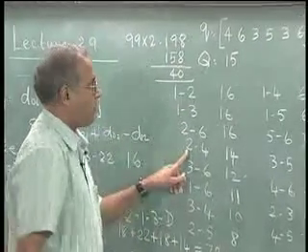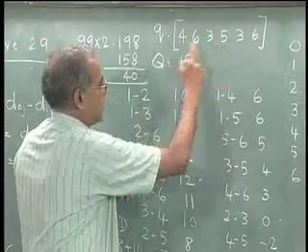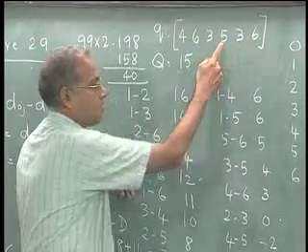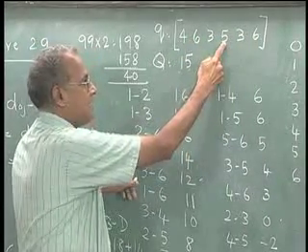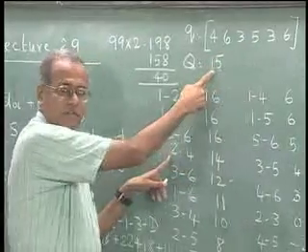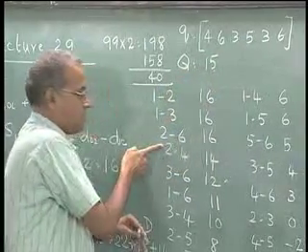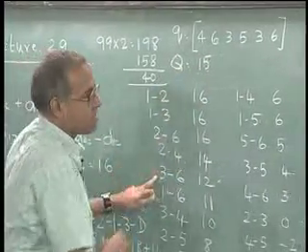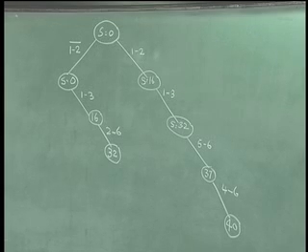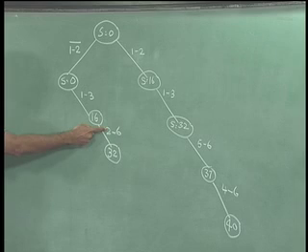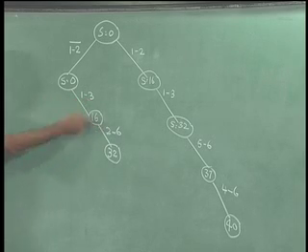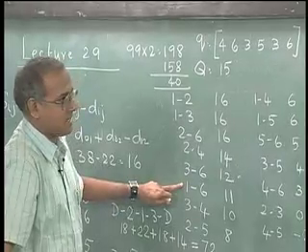Then we go to 4. 4 is here, 6 plus 6, 12 plus 5, 17, it exceeds the upper limit of 15. So we do not include this. Then we go to 3 6. Now we have already put 1 3 in one vehicle and 2 6 in another vehicle. So 3 6 cannot go together. Then we get 1 6.